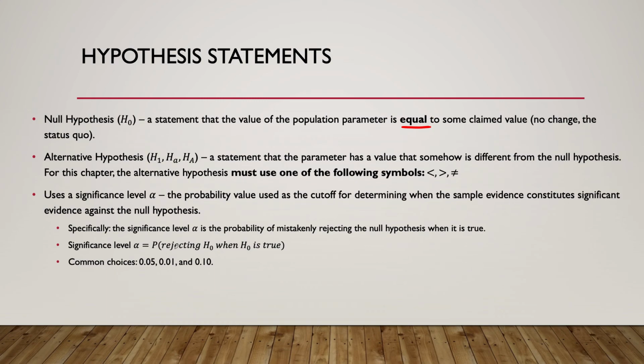Common choices are 5%, 1%, and 10%. The 5% and 10% are the most common, but you could see any of those three, depending on the seriousness of a type 1 error.